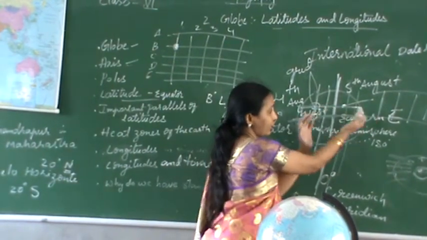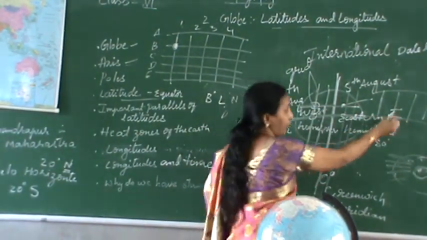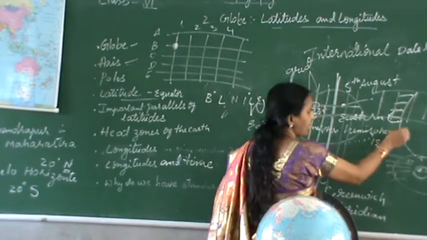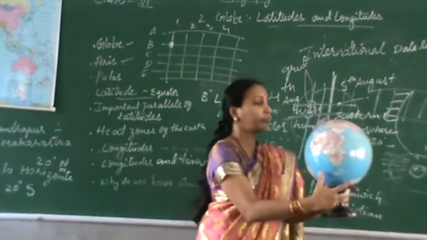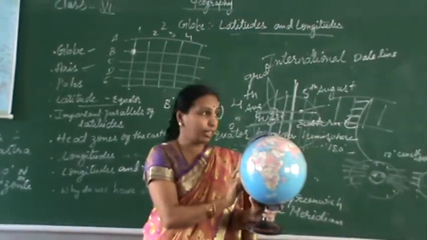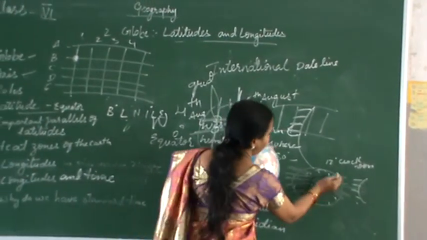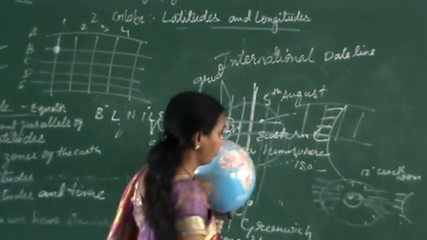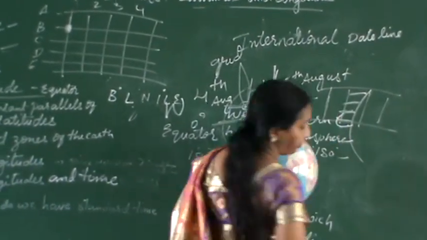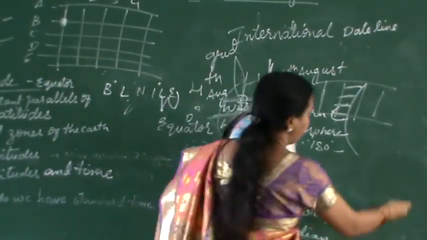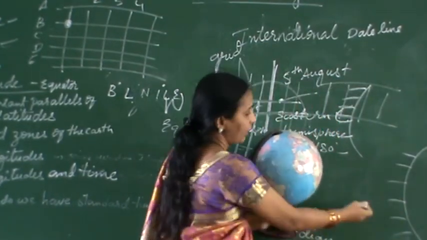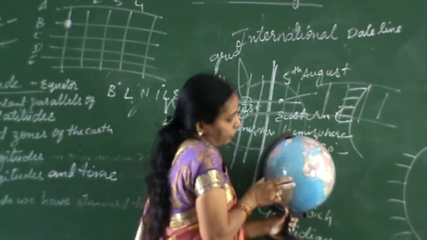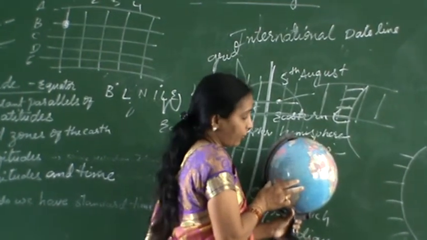Now, this eastern side will be ahead because the sun rises on the east side. See, this is the prime meridian. Now the sun is on this side, and the earth moves in the west to east direction.